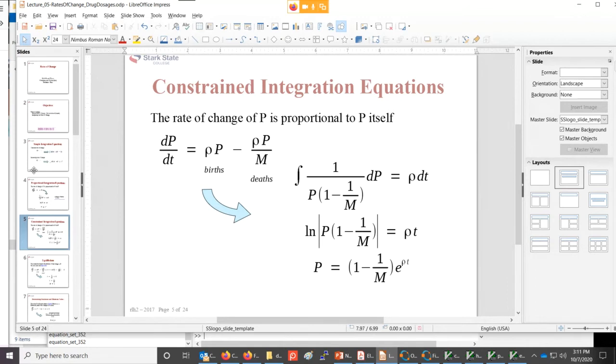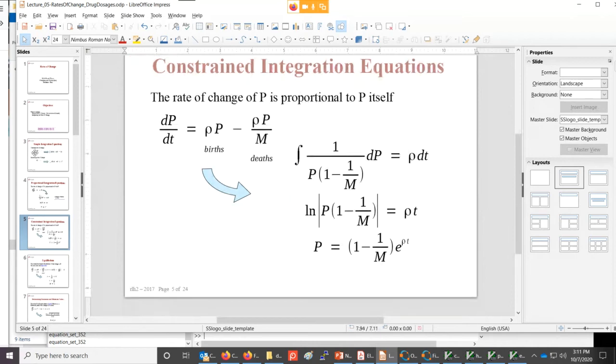All right, and so if the mortality rate is 1, then you get a 1 minus 1, and your population is going to remain constant. Right? So if M is equal to 1, 1 minus 1 gives us 0, so your population is going to remain constant. Now, this isn't saying that there aren't births and deaths.